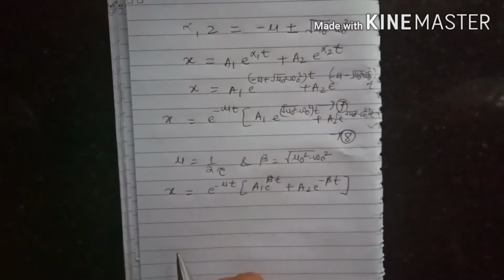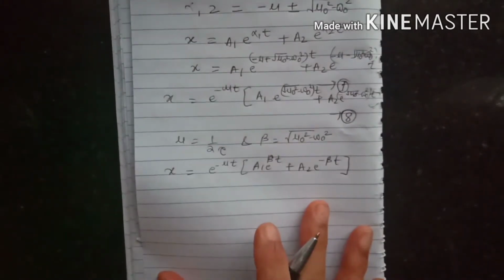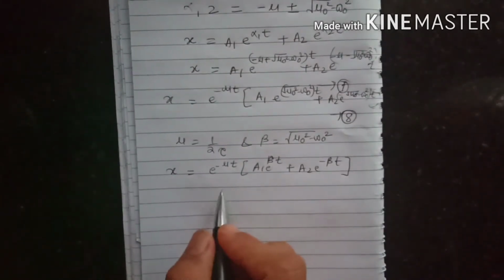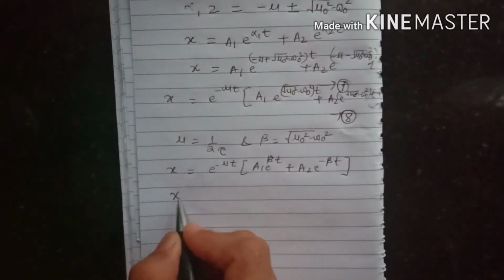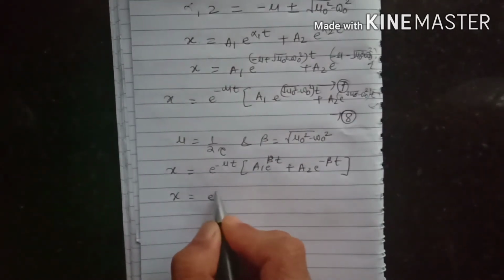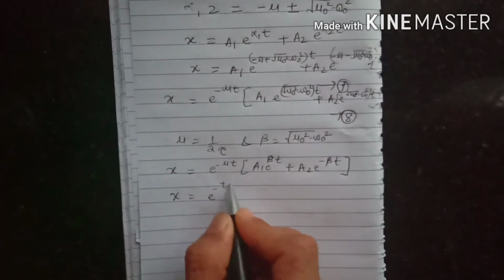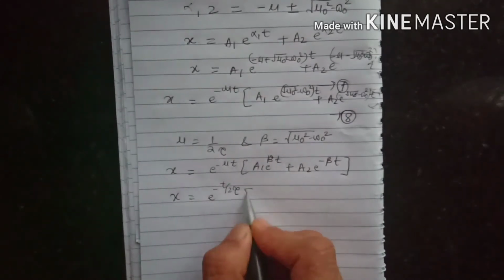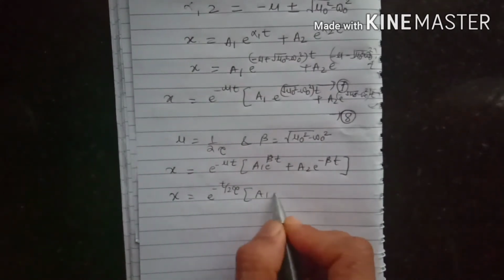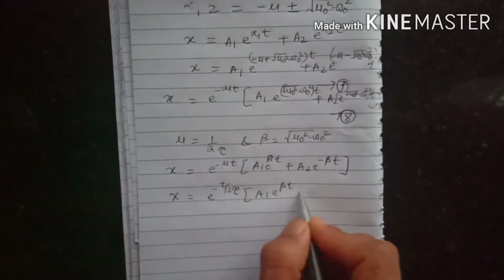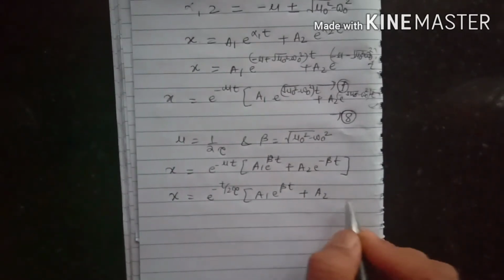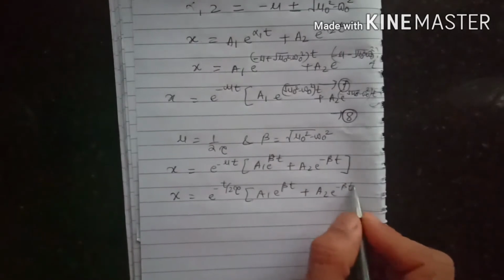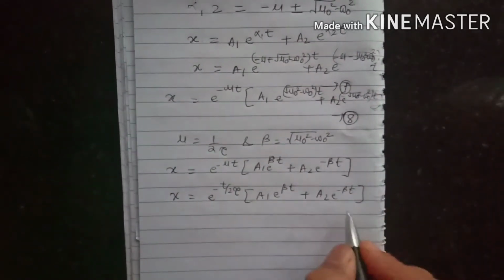Clear? If we replace mu, we write x = e^(-t/2tau) [a1 e^(beta t) + a2 e^(-beta t)]. Clear? This is equation number 9.